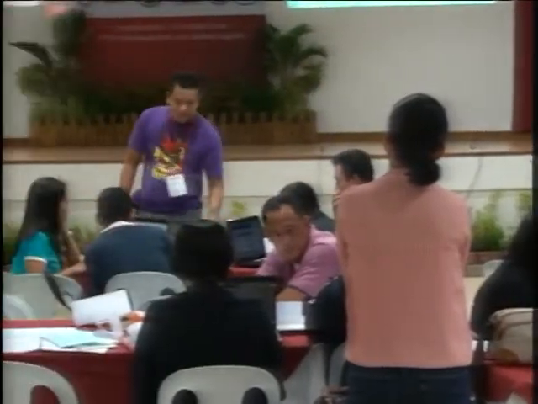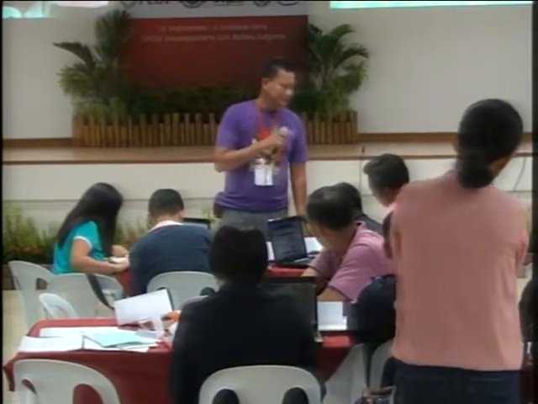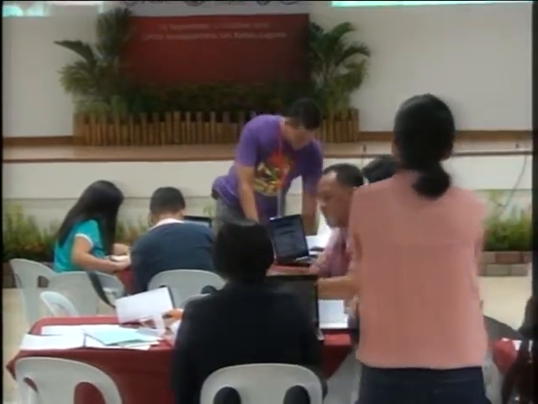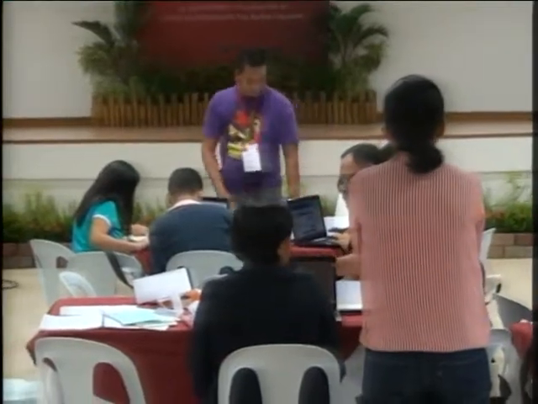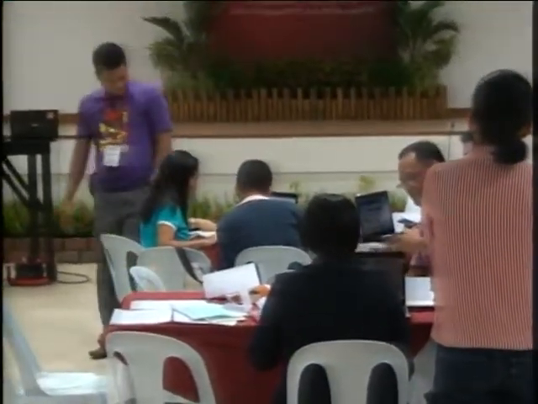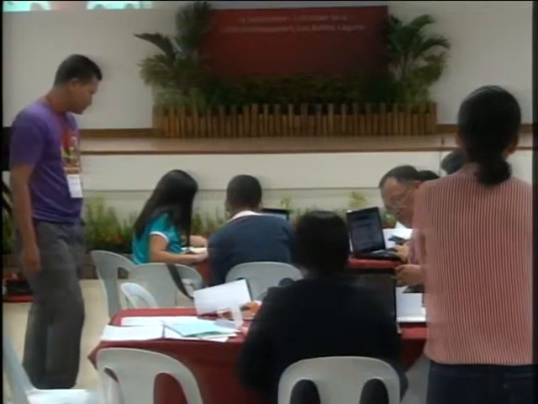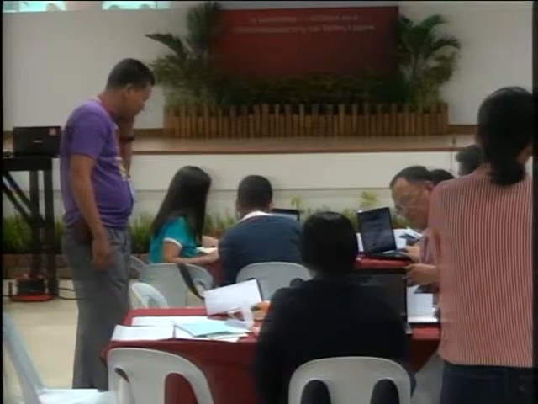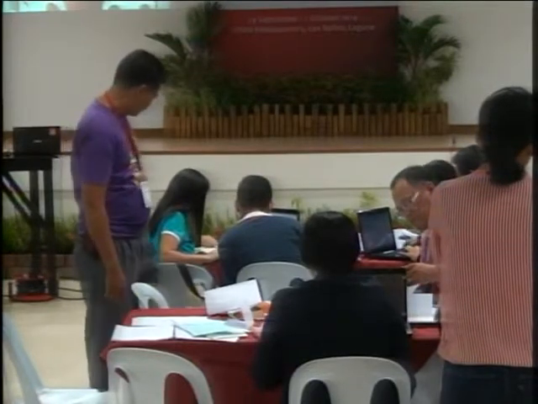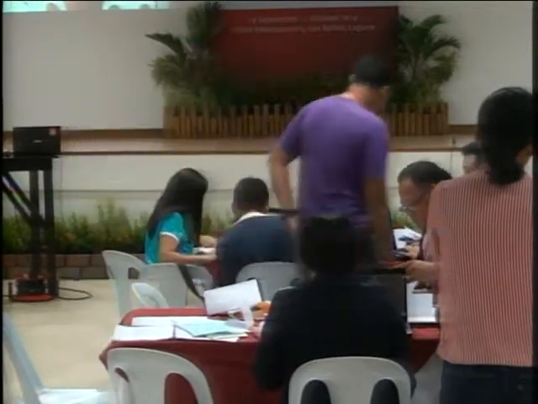So what chart should we make? That is the 3D bar graph, po? Okay, so the column chart. Column chart. Change column labels. Okay, so ibang chart, column chart.